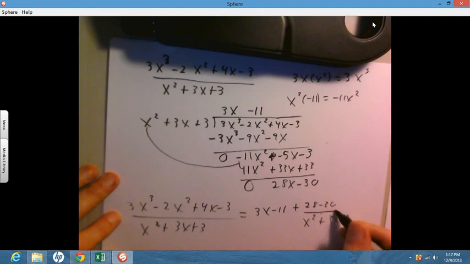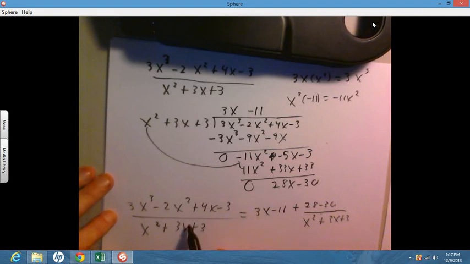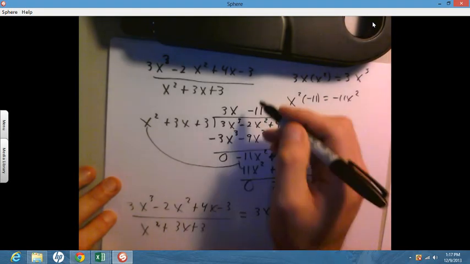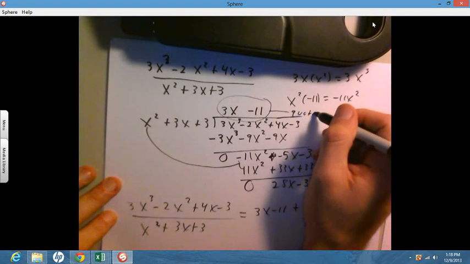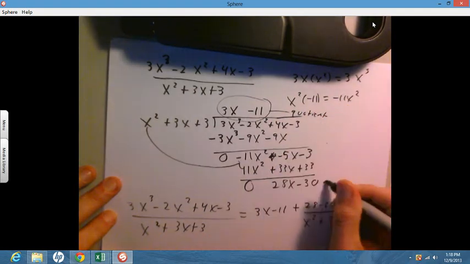Right? So the denominators are still the same for these two terms, but what we can do, and this is really helpful in other math courses especially, is rewrite this fraction as the quotient plus the remainder all over the divisor. And the quotient is this guy over here. This term over here where we stop is the remainder.